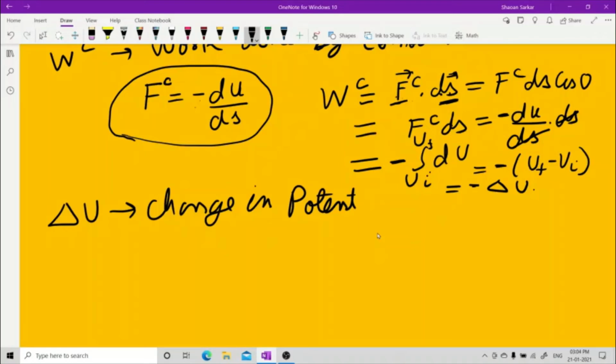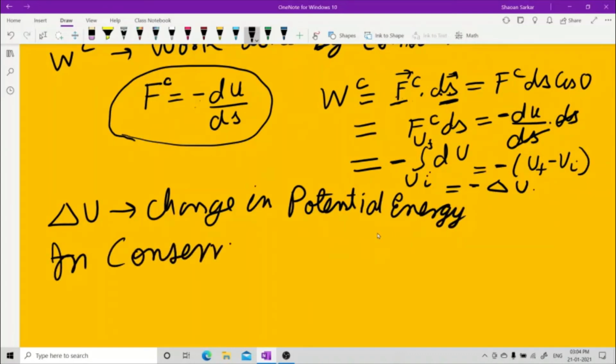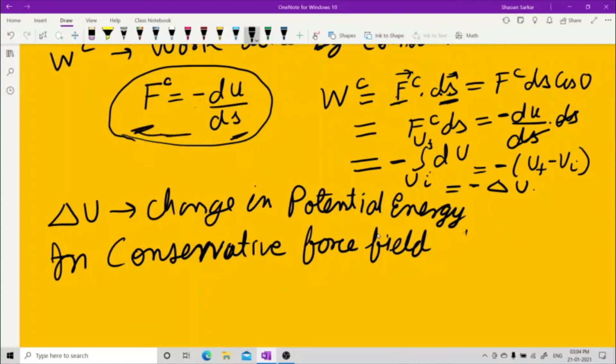See, I'll write it down here again. Potential energy. Now, I'm writing that in a conservative force field, the force can be derived out of potential.